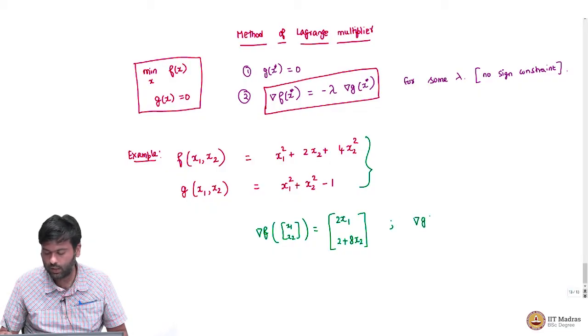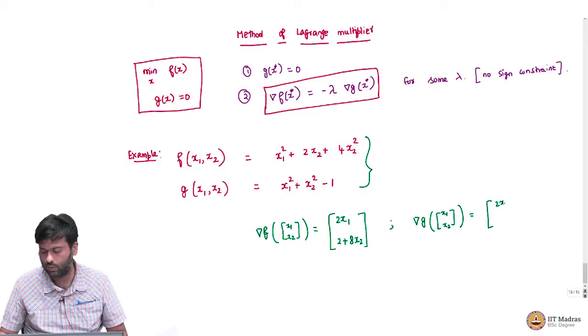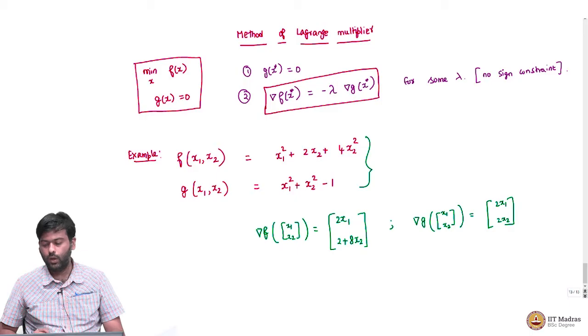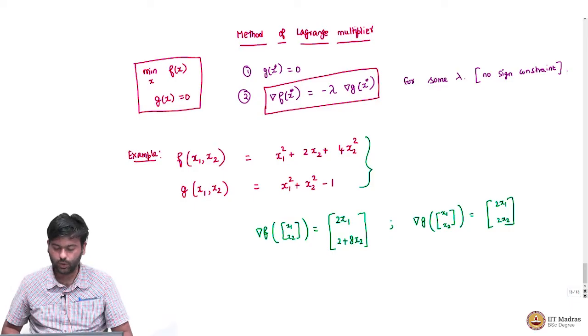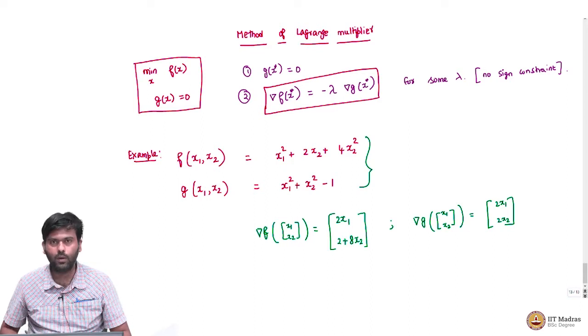Similarly, the gradient of the constraint function g at x1, x2 is going to be 2x1, 2x2. Good. Now, we know by the method of Lagrange multipliers that the optimal should necessarily satisfy equation 2, which gives us a set of equations.